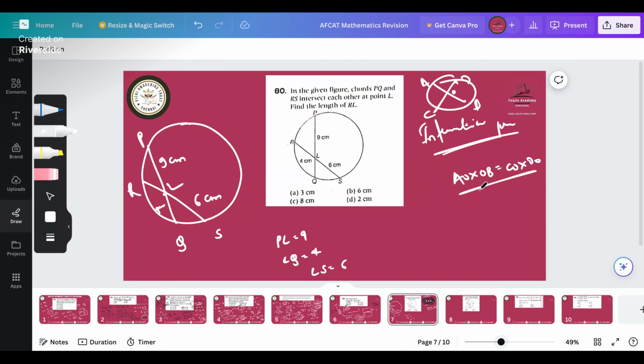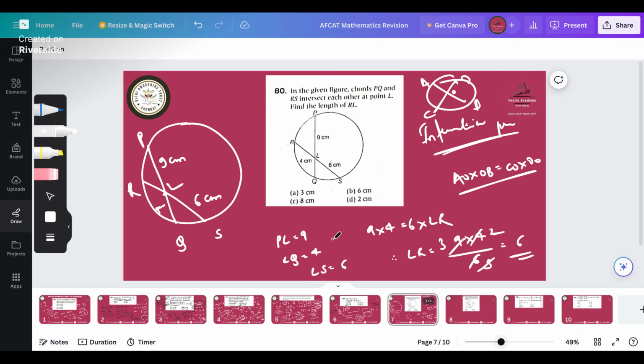This is your intersection property, right? Remember that. So what will happen over here? PL into LQ is equal to LS into LR. LS they have given is 6 and LR they have asked us to find. Therefore, LR is equal to 9 into 4 divided by 6. How much is that? 6. So 6, ladies and gentlemen, is your answer to this question.